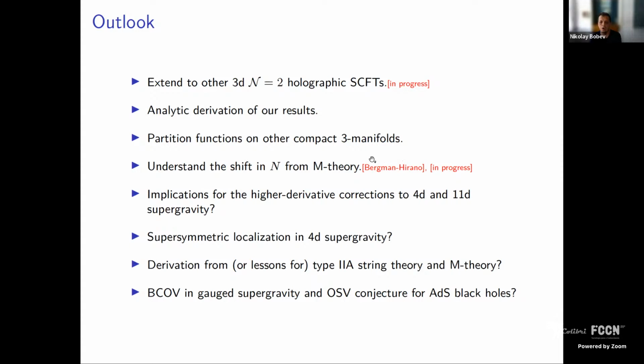Bergman and Hirano accounted for some piece of the shift by observing that charge quantization in M theory is modified by the presence of 8 derivative terms. So a piece of the shift must be due to the fact that the relation between the 4-form flux in M theory and N is slightly modified by a constant. But this shift in the charge is not accounting for the full shift.